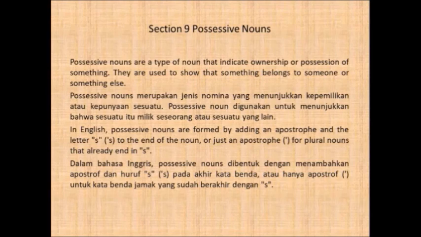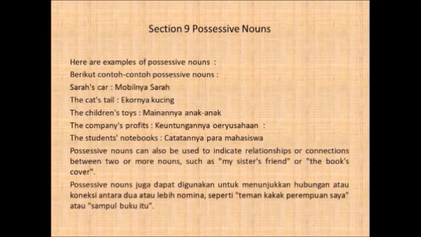In English, possessive nouns are formed by adding an apostrophe and the letter s to the end of the noun, or just an apostrophe for plural nouns that already end in s. Here are examples of possessive nouns: Sarah's car, the cat's tail, the children's toys, the company's profits, the student's notebooks.